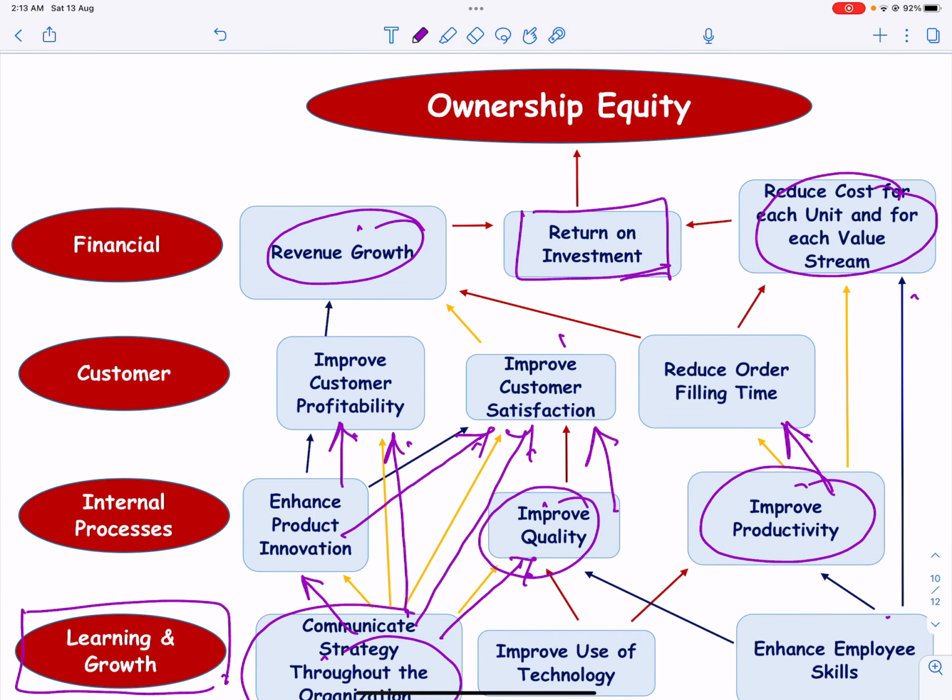And thus the company has achieved the financial results and made the stockholder happier. So remember that the old method focuses on the financial indicators while the balanced scorecard considers three more indicators in addition to the financial indicator. Let us now talk about it with the help of an illustration.